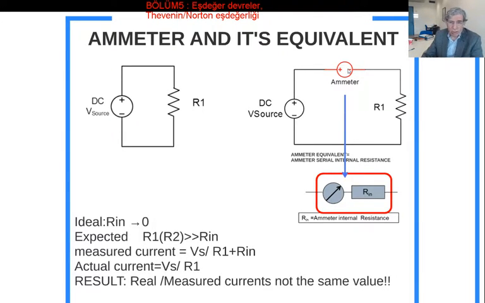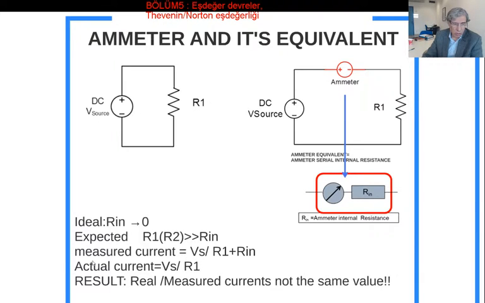In the ideal case, when the internal resistance of an ammeter is equal to 0, you can measure the actual current. The actual current is Vs over R1. So in this circuit, if you measure R1's current, that current theoretically is V source over R1.